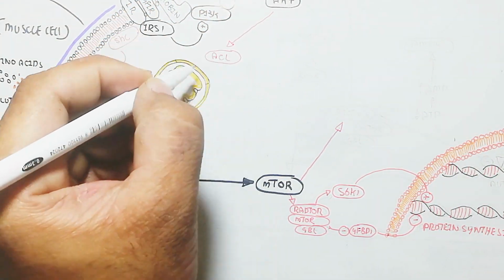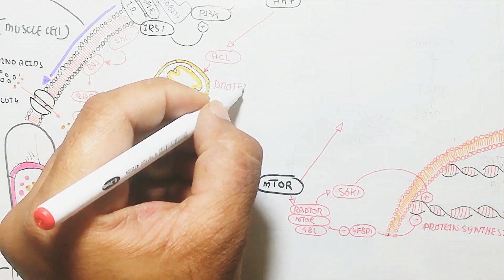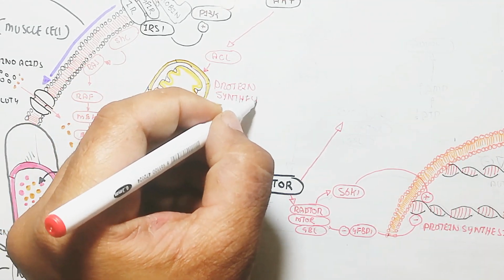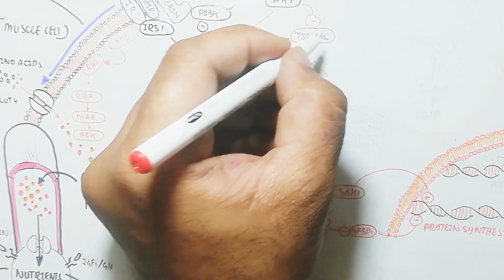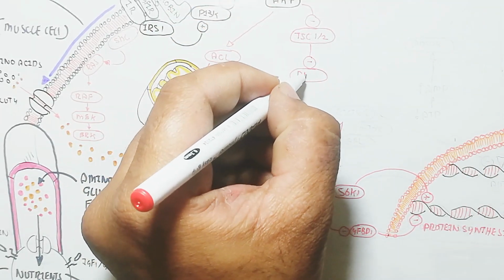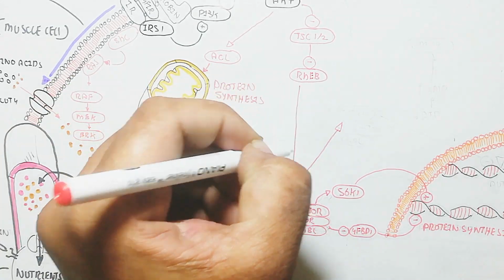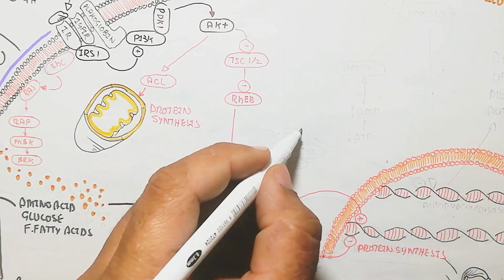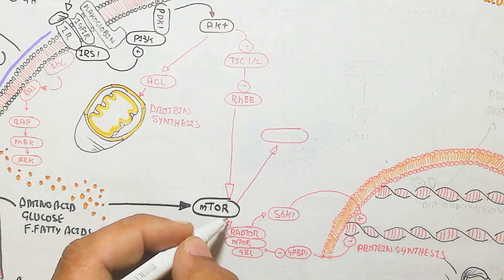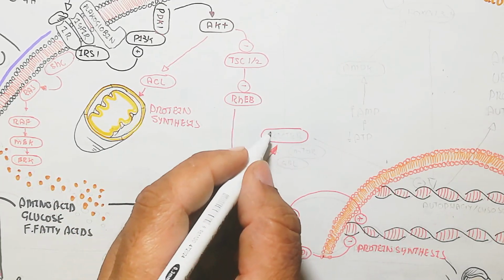protein synthesis, while 4E-BP1 will be inhibited by the mTOR pathway, while S6K1 is triggered. So in this way mTOR will trigger the synthesis of protein, while AKT will trigger TSC1 and 2, and the RAB protein will trigger mTOR.